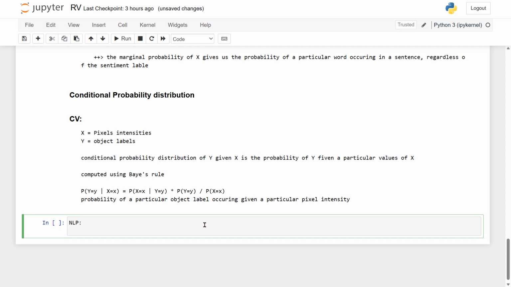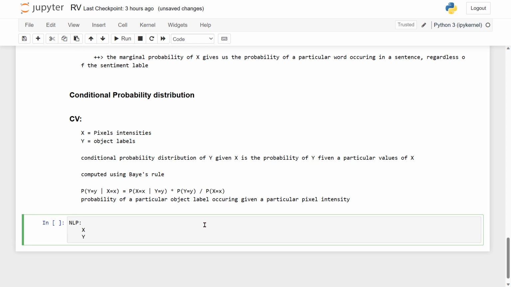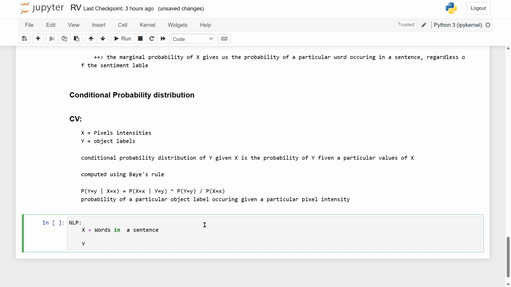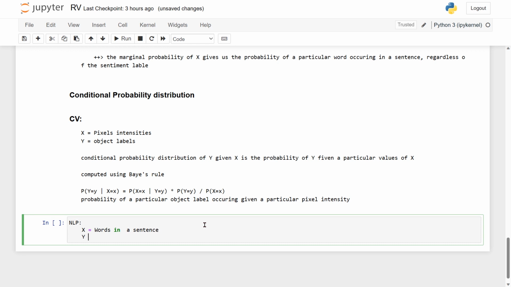For NLP, suppose we have a joint probability distribution of two random variables x and y, where x represents the words in a sentence, and y represents the sentiment labels.